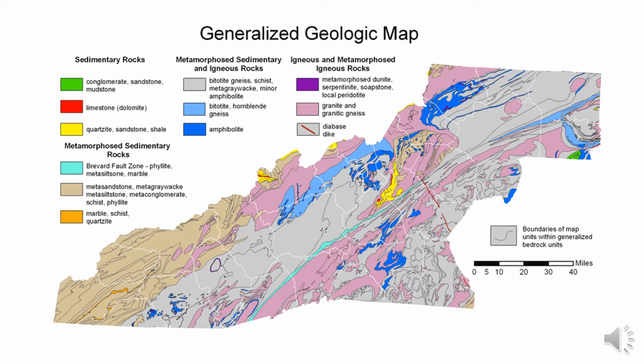We also have a generalized geologic map. All right, and what does this tell us? Well, look at this purple granite. This is all granite. This is that certain type of stone. Right here, we know that there's quartz, sandstone, and shale in the yellow, right? There's all sorts of stuff.